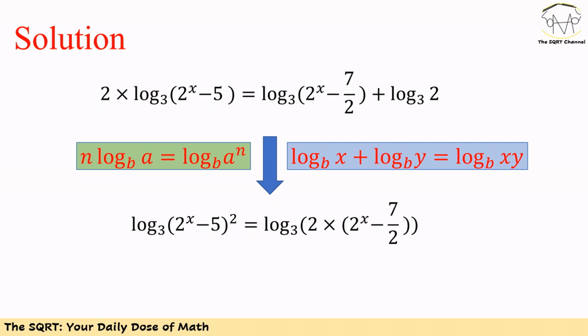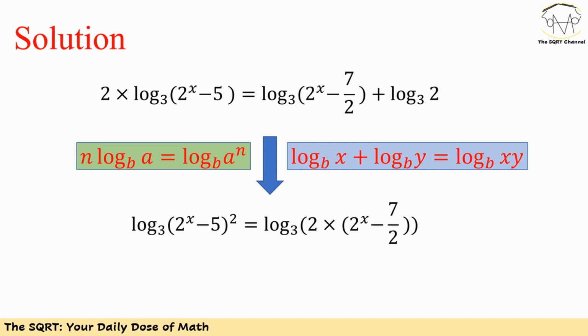From here, we are going to use some identities. Remember, n times log of a in base b is equal to log of a to the power of n in base b. We also know that log of x in base b plus log of y in base b is equal to log of xy in base b.